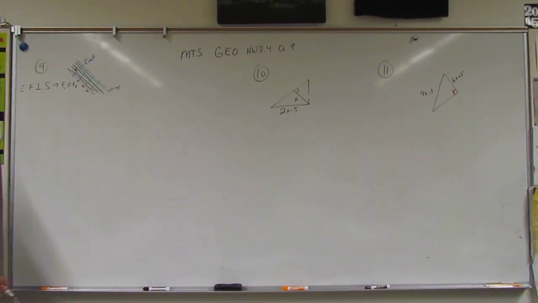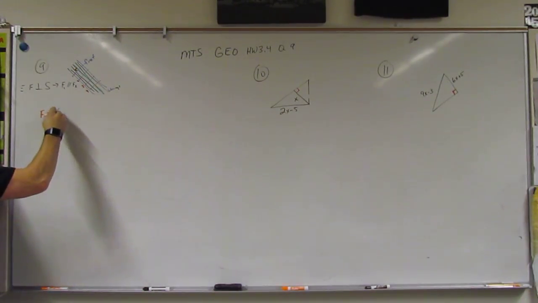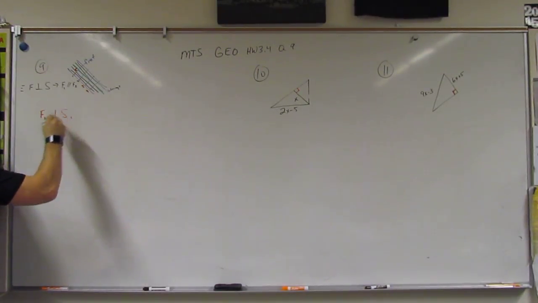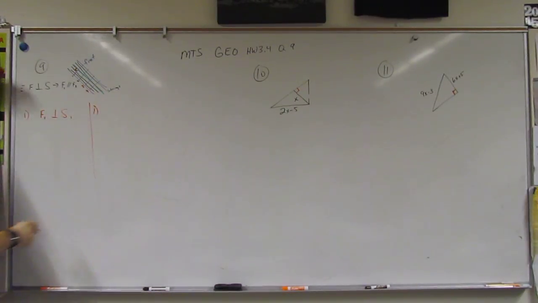So that's the whole idea. So the way we're going to prove it is fret 1 is perpendicular to string 1. Right? And what do we call that? Given.